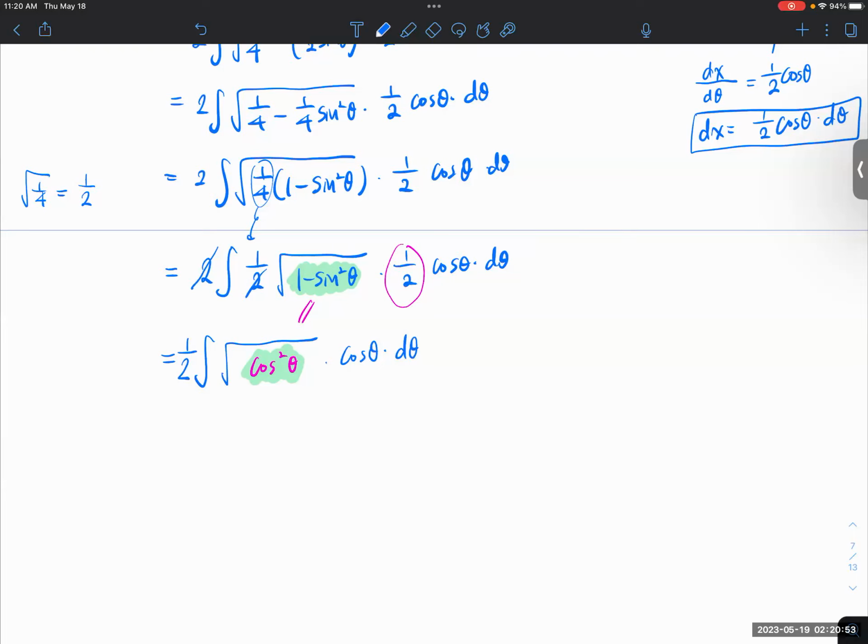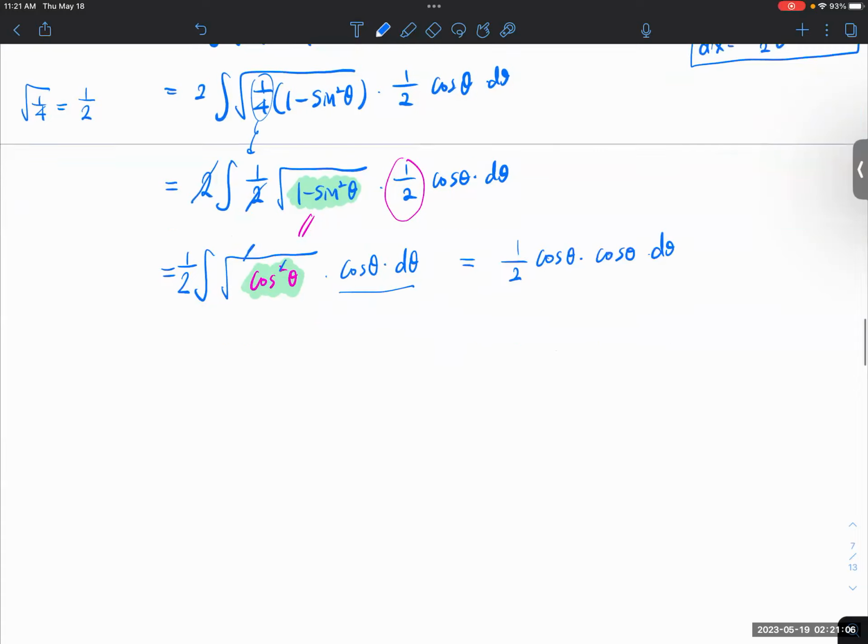Nice job. And what happened? The second power and radical are going to be canceled, so it's going to be just cosine theta, squared, and d theta. So that means we have 1 over 2, forgot the integral, cosine squared theta d theta.